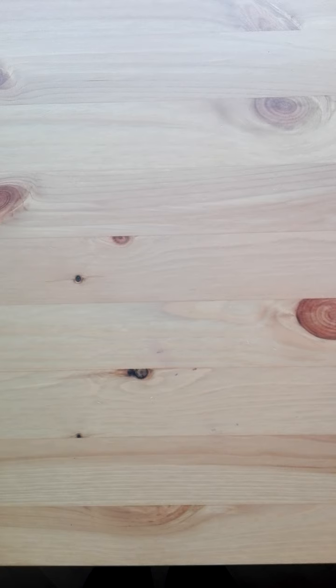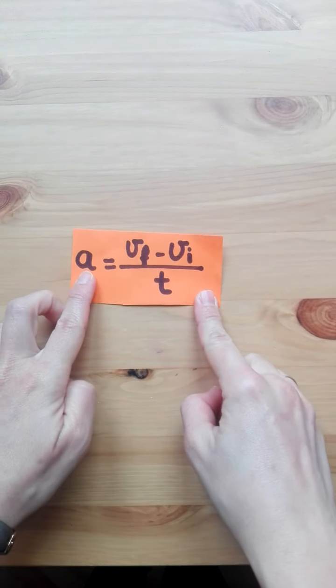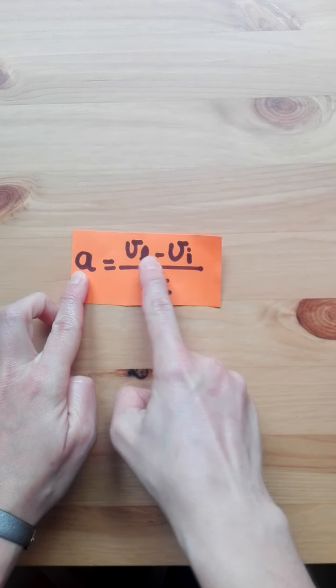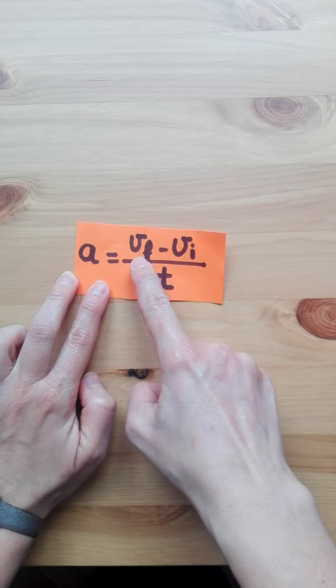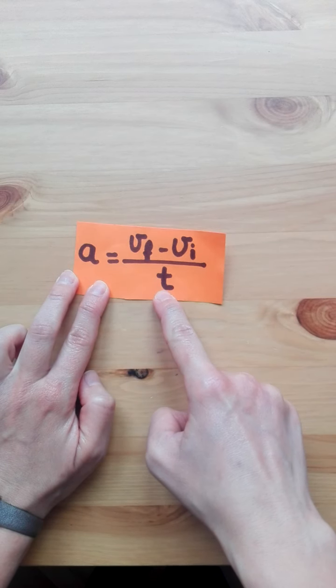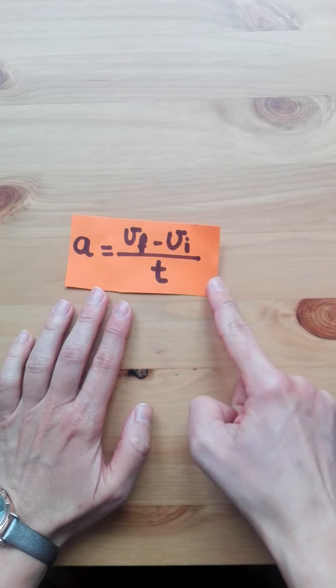Where else? The acceleration. Here you have the acceleration, remember, in meters per square second, is the final speed minus the initial speed divided by the time. So if they give you the final speed, the initial speed, and the time, you can easily calculate the acceleration. Okay?